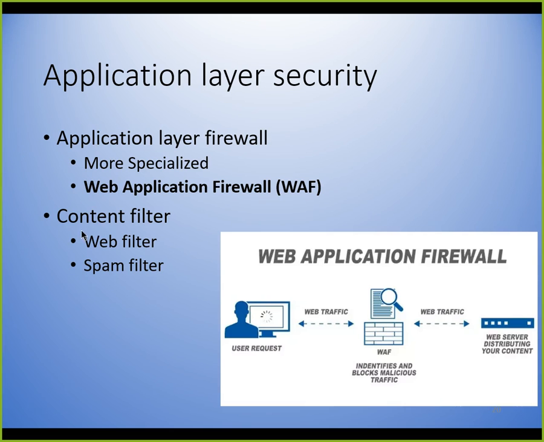Application layer security: an application layer firewall, web application firewall, or a WAF. These things are more specialized when we get into them. They look at web traffic, identify and block malicious traffic. A lot of applications are now using HTTP in order to execute.